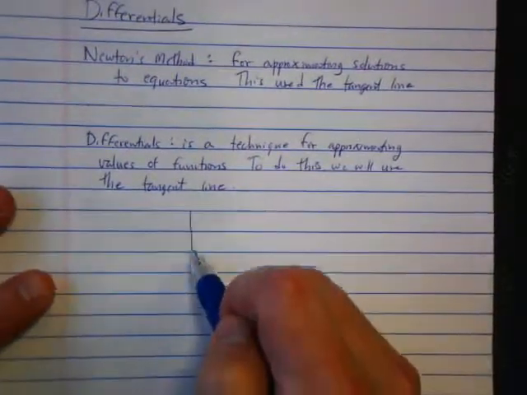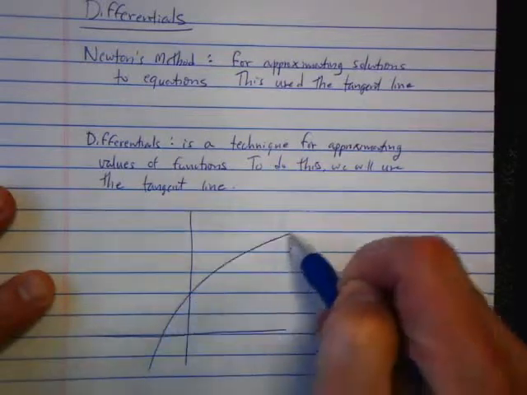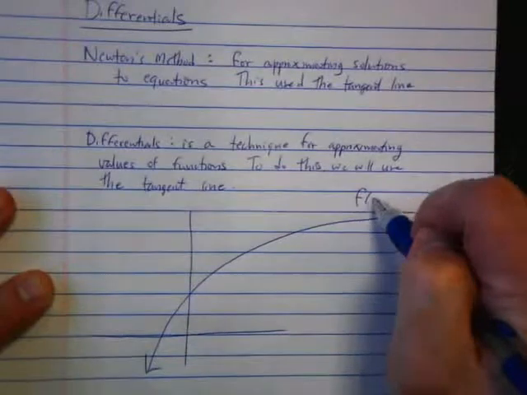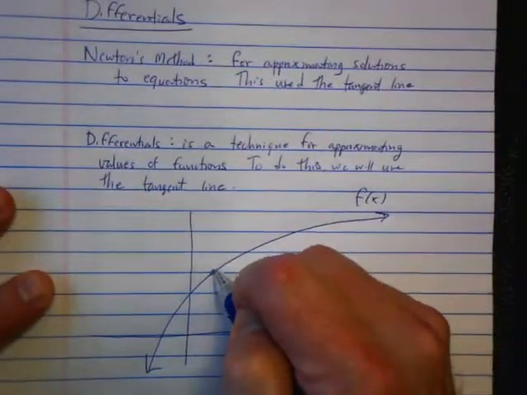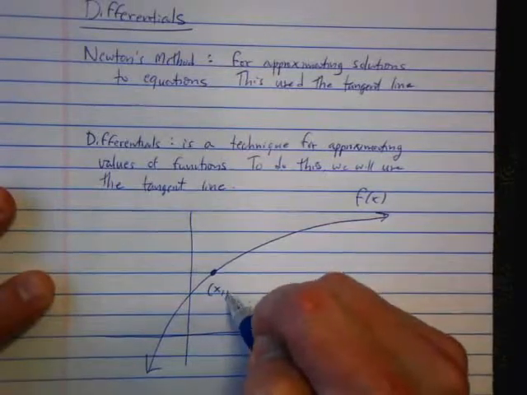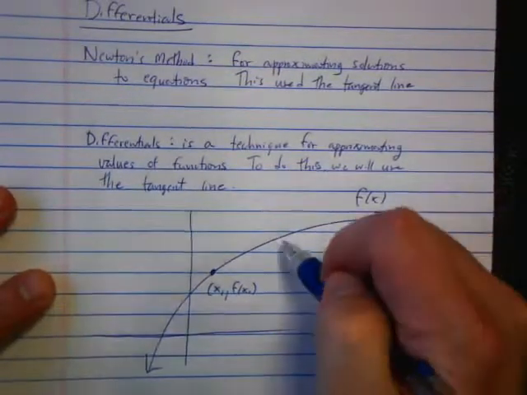All right, and here's the basic idea. You've got some function. This is our function f of x. And I'm going to pick 2 points on this function. There's 1 point right there, that's x1 comma f of x1.